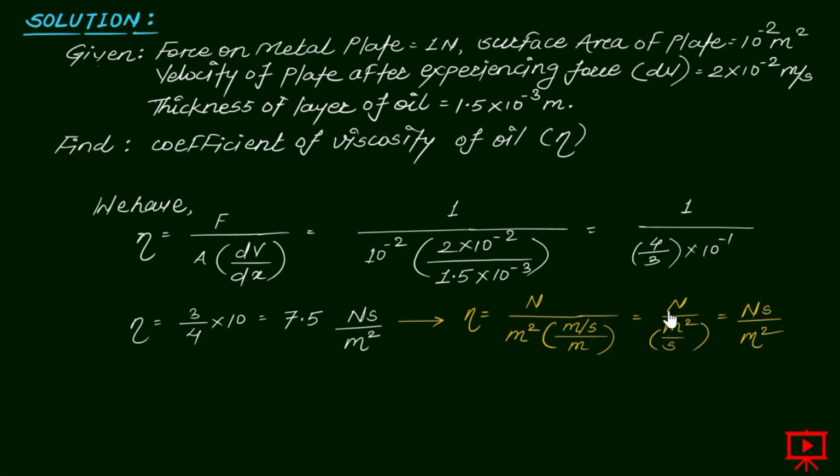So finally Newton upon meter square per second, and the second goes up and we are left with Newton second per meter square. So the unit of eta is Newton second per meter square. And hence the final answer is that the coefficient of viscosity of oil is 7.5 Newton second per meter square. Thank you.